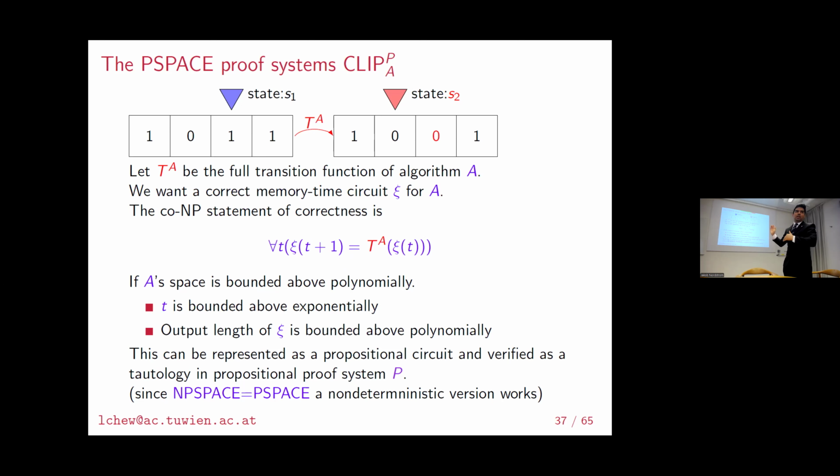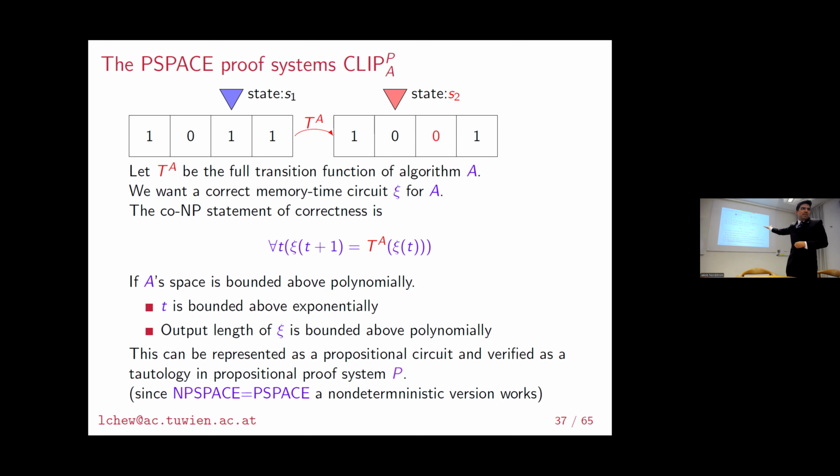So the input is going to be time, and the output is going to be the memory. We represent it with this circuit here. The statement of correctness says that for any time point, if we increase the time point by 1, it's going to respect the transition function. That's all that we're saying here.